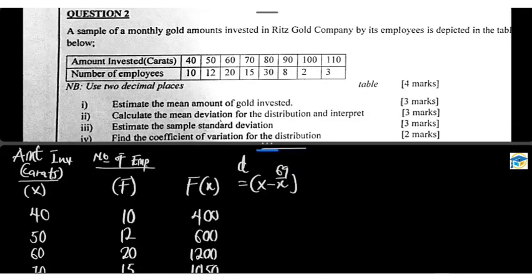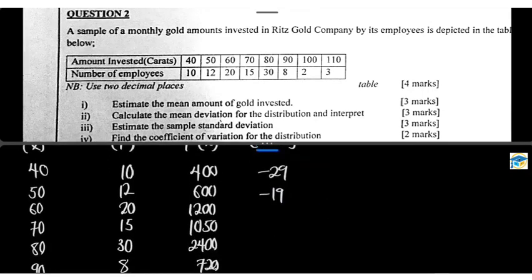Alright. So for the first amount, it is 40. When you deviate from 69, you should be getting negative 29 as your first deviation, right? Then when you also deviate 50 from 69, you're getting negative 19. Alright. So let's move on. Then we come to 60, you'll be getting negative 9.